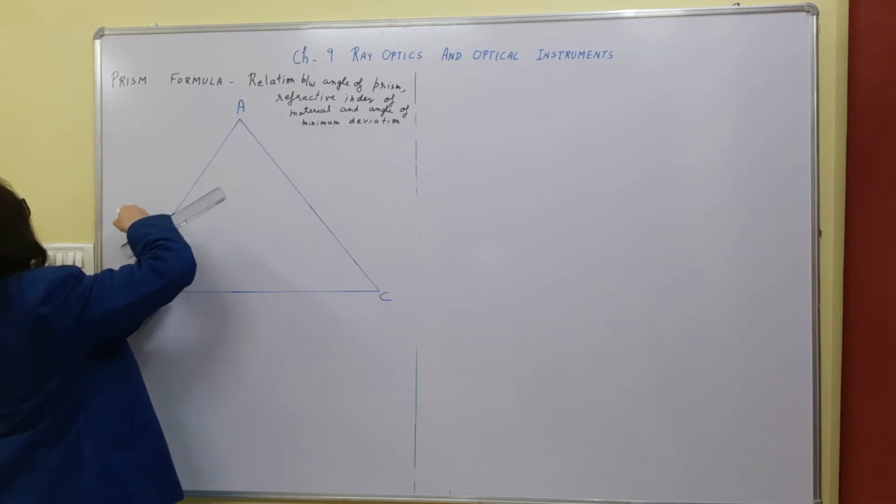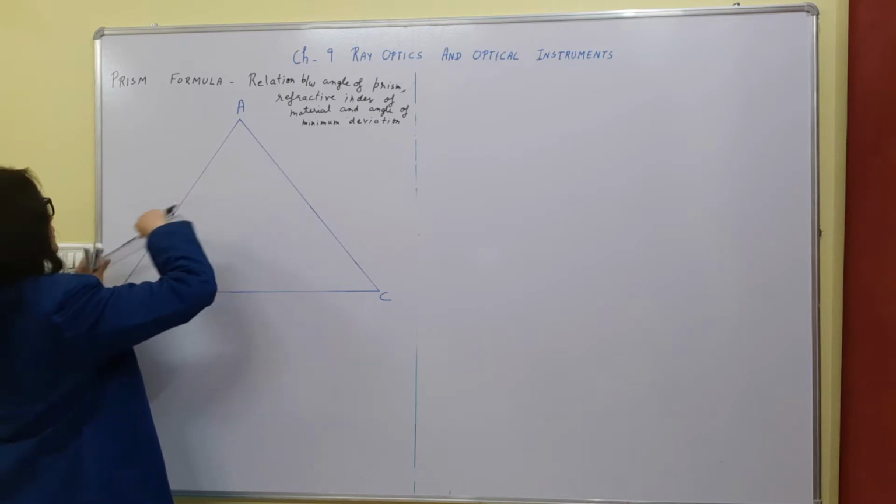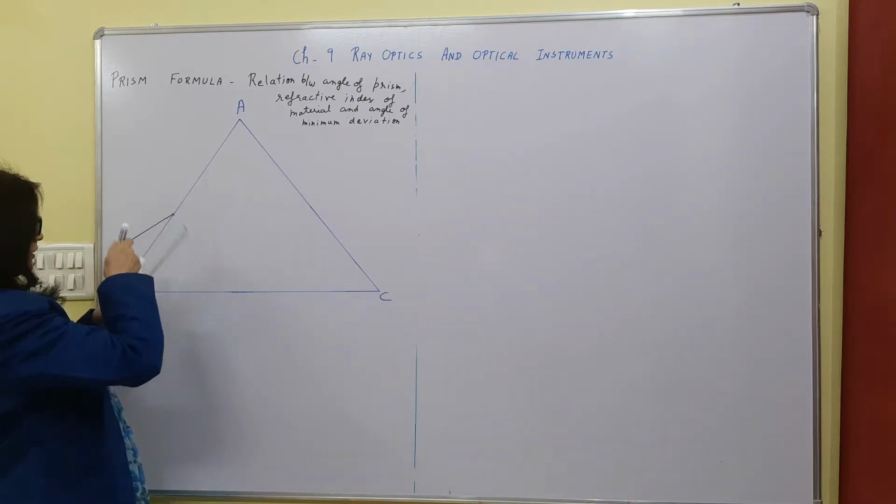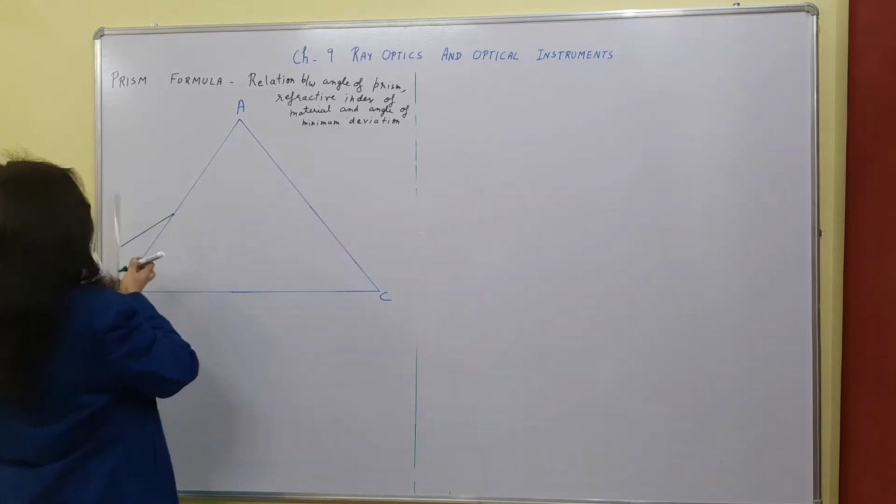right? The medium is changing. If this is the rarer medium, this is the denser medium. What will happen if your normal is here?